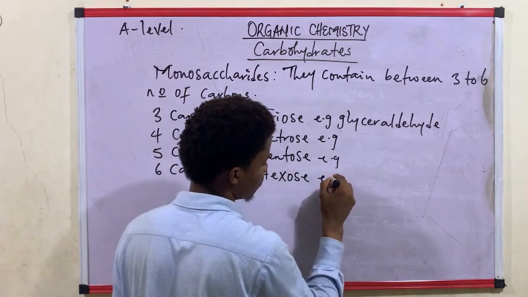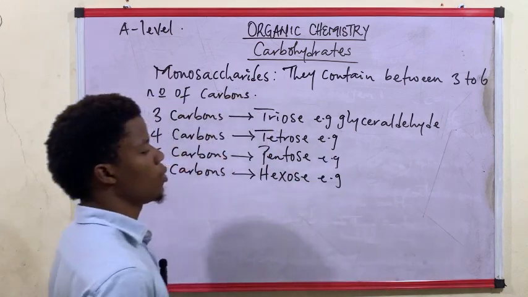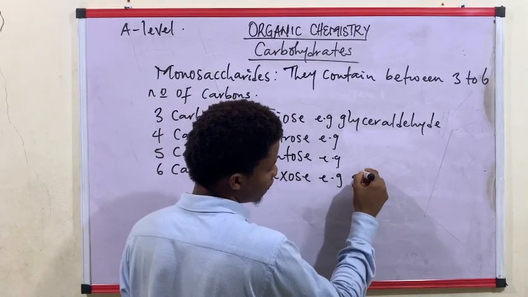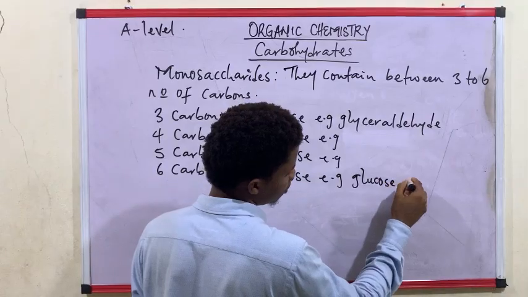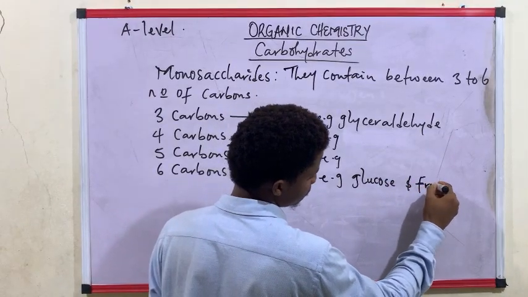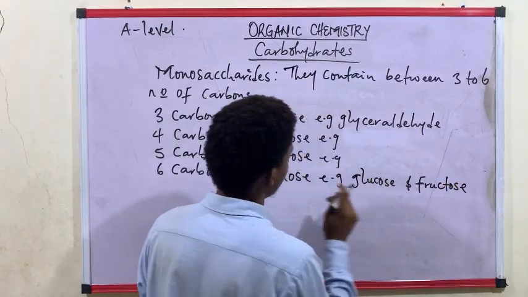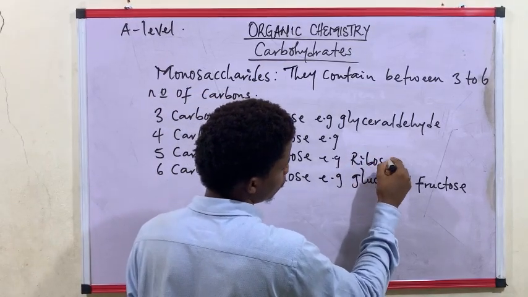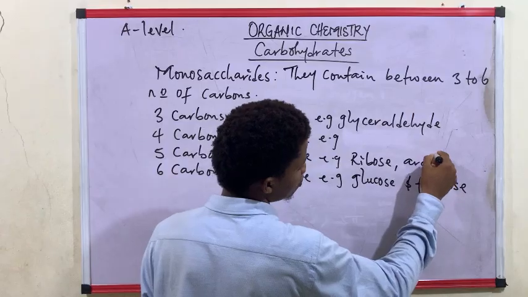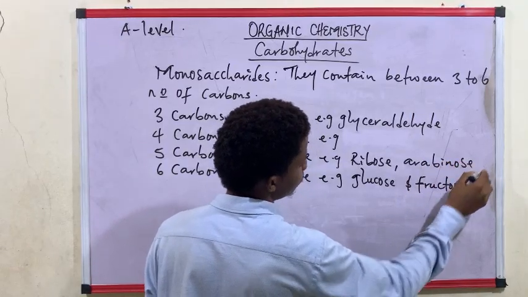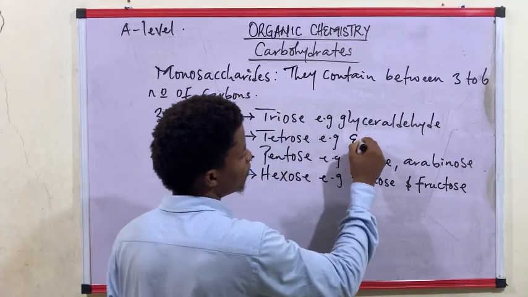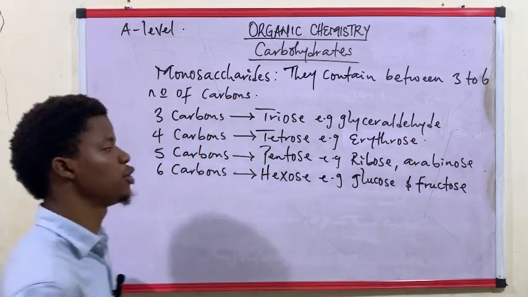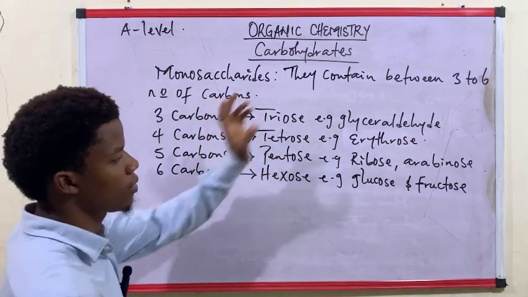For the hexose, we have glucose and fructose, which are the most common. For the pentose, we have ribose and arabinose. Then we have erythrose. So these are all of them.